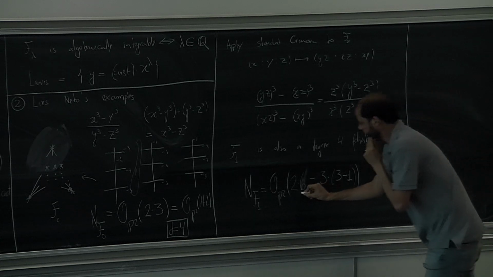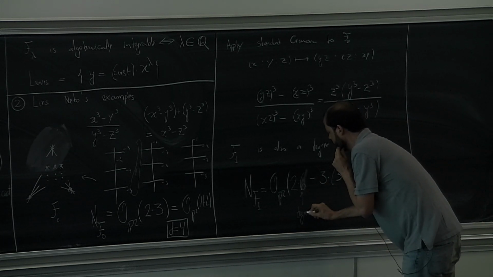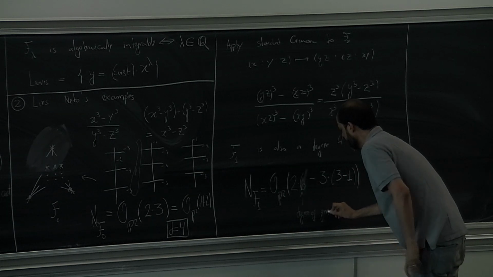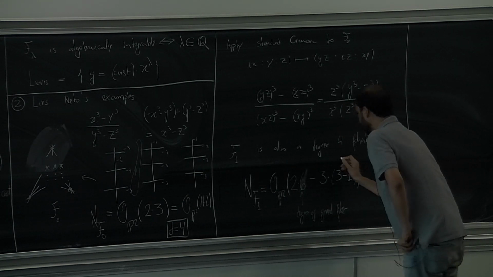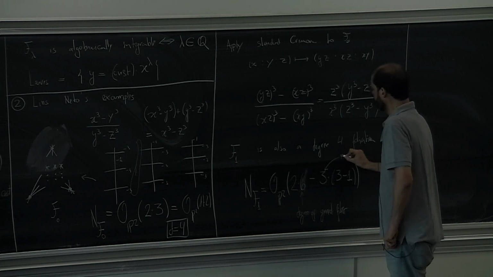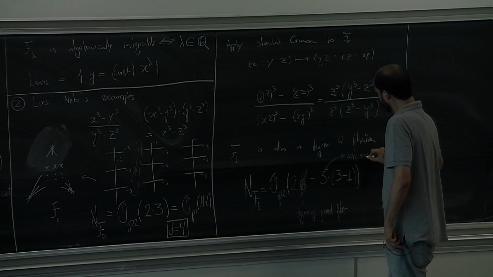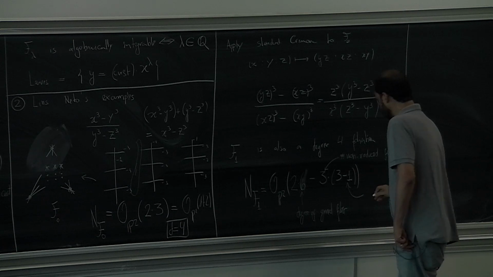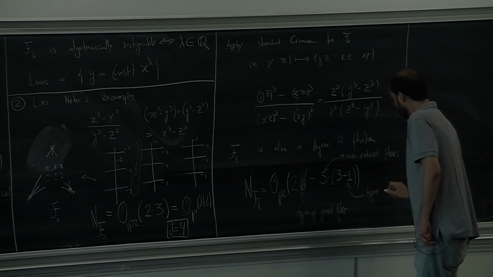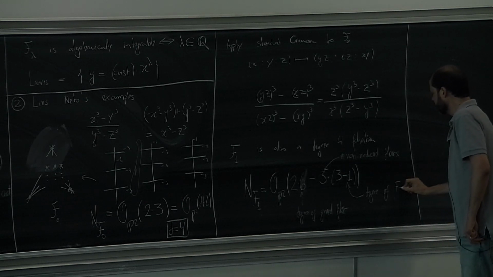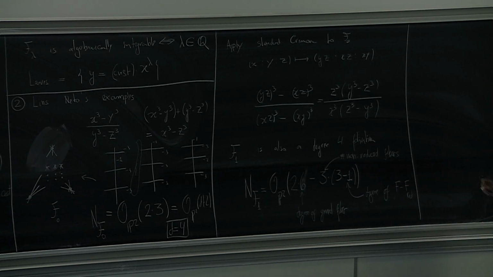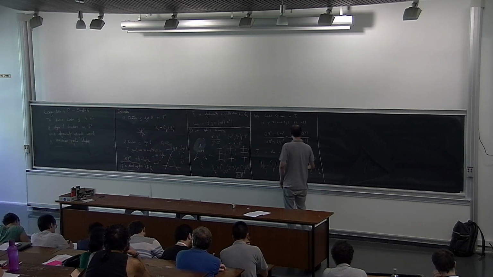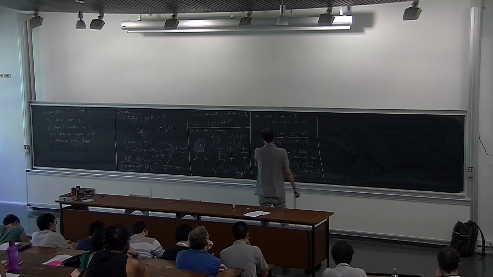All right, so this is 6, the degree of the general fiber. And this is the number of non-reduced fibers. And this is the degree of the special fiber minus the reduced special fiber. And so here again, you get 12 minus 6, which is again 6. And so the degree is 4 again.